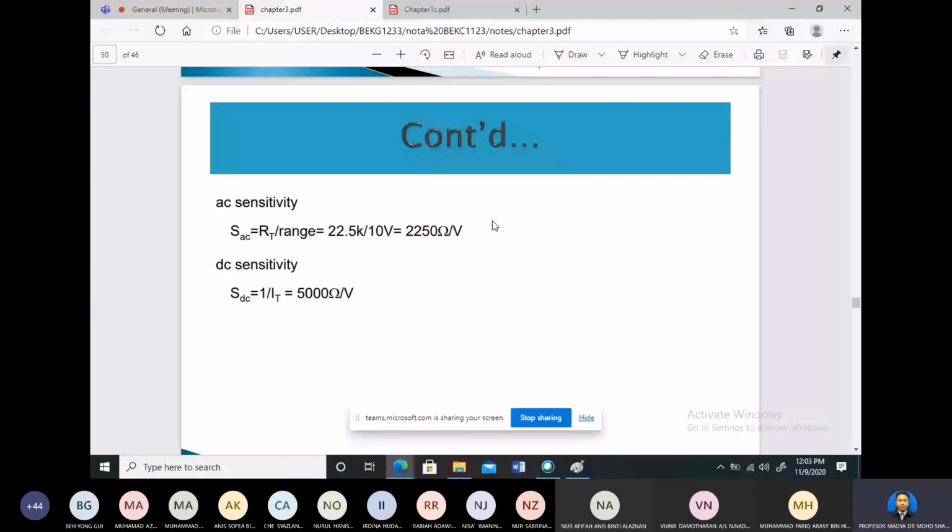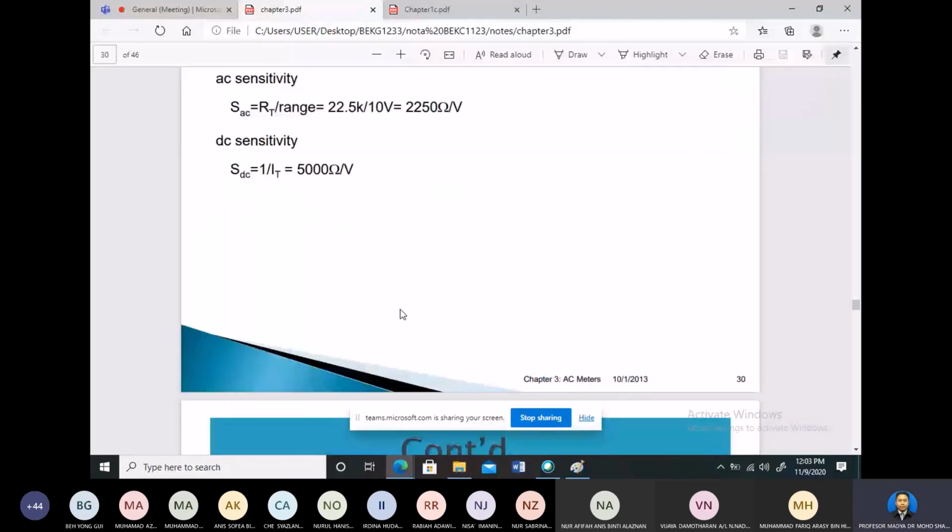So DC is 1 over IT. Then we can calculate the AC sensitivity or DC sensitivity. So the DC sensitivity, 1 over IT, equals 5000 ohm per volt. That is the formula to calculate the DC sensitivity.